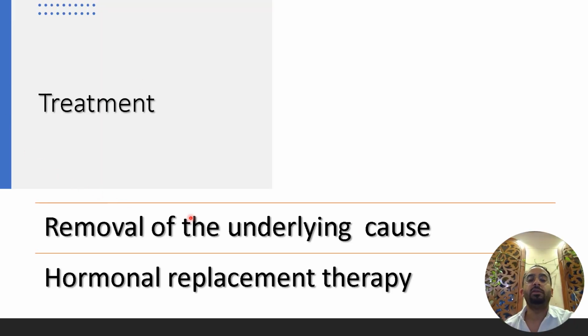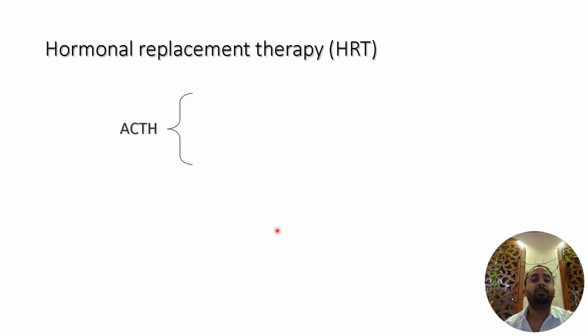The treatment is to treat the underlying cause and, importantly, hormonal replacement therapy. The first and most important hormone to be replaced in a patient with hypopituitarism is the adrenal axis.